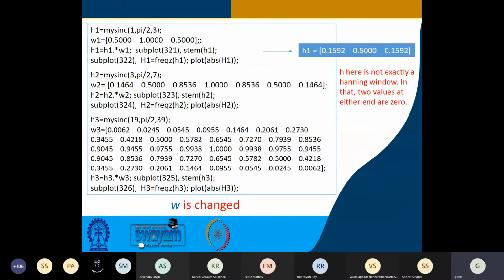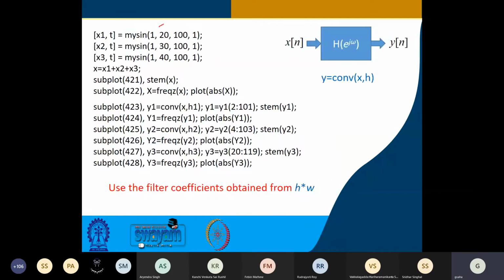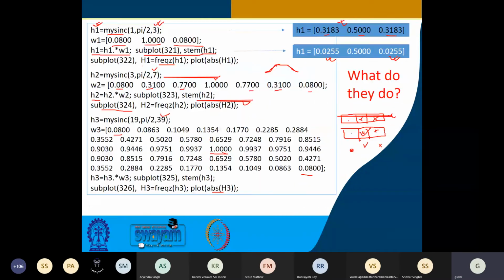So the weights that we had seen before, these weights are coming from what is called the Hamming window. If you write in MATLAB help hamming, or hamming with the filter order in brackets, say 3, 7, 39, these weights will arrive.